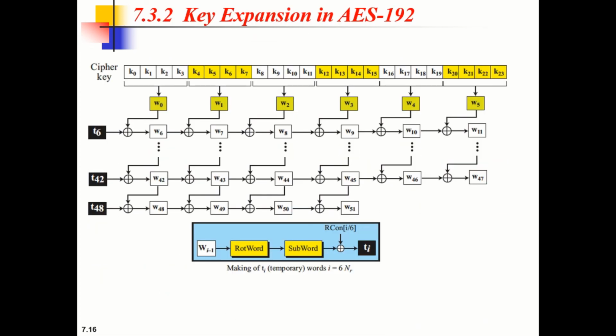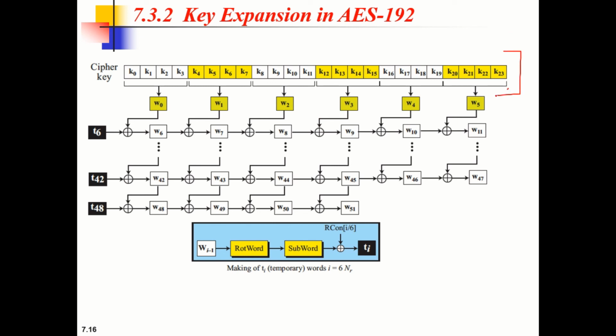Now this is the key expansion in AES 192, wherein we have 12 steps, okay, and the length of key is 192. Now since the length of key is 192, we'll be creating 6 words out of it. Okay, so instead of creating 4 words, we'll be having 6 words out of the key, right?